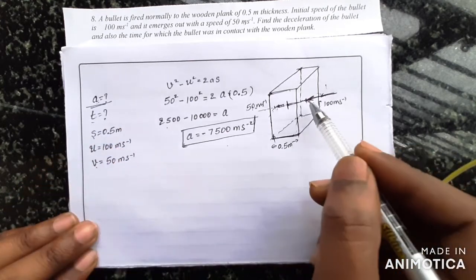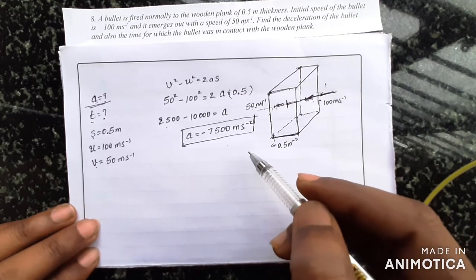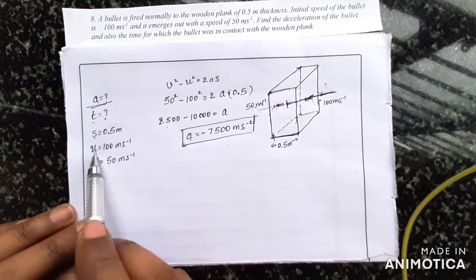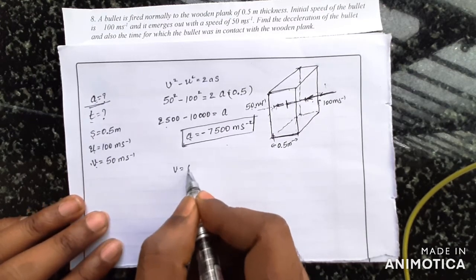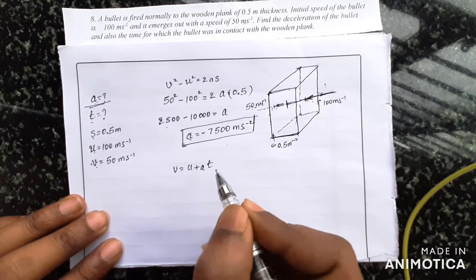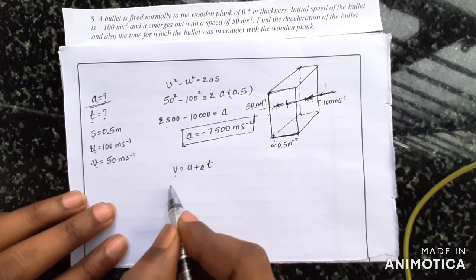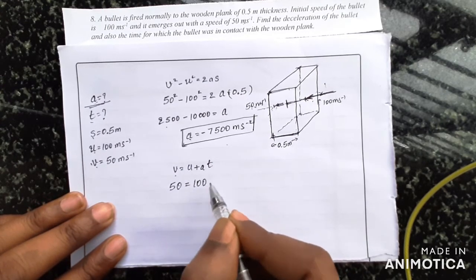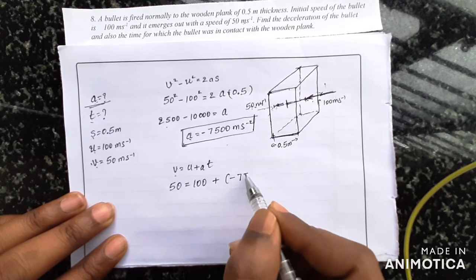Next, time for which the bullet was inside the wooden plank. We have final velocity, acceleration and initial velocity. We need time, and hence the formula v is equal to u plus at will help us in calculating time. Final velocity 50 is equal to initial velocity 100 plus acceleration minus 7,500.